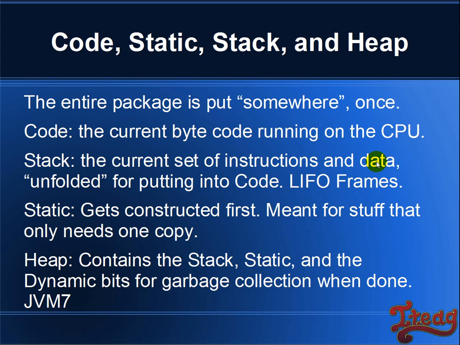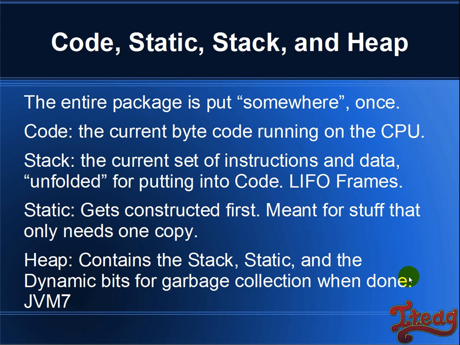So stack is the current set of instructions and data unfolded for putting into code. Okay, last in, first out frames. Yeah, I covered that. And the heap, of course, contains a static section of the heap, and the heap itself, which is the dynamic bits for garbage collection when done. So everything goes into the heap, but then it works on the static part of the heap first, and then fires up the stack to start running the program.